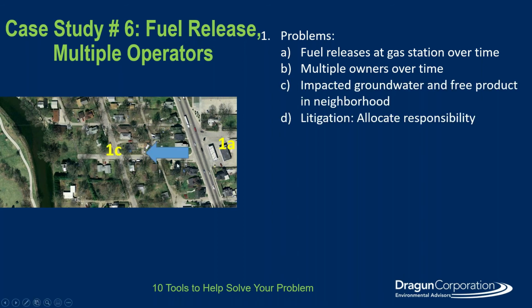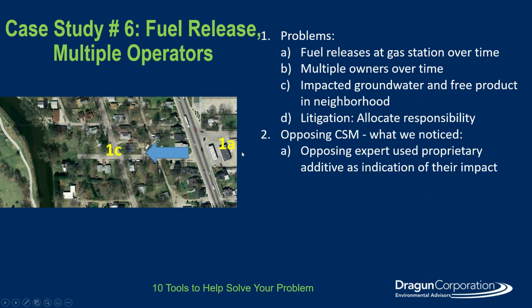And the groundwater was flowing from the gas station through a community, and it impacted the groundwater, and there was free product out there as well. So the litigation involved allocation of responsibility of the contamination in the subdivision from the various owners over time.